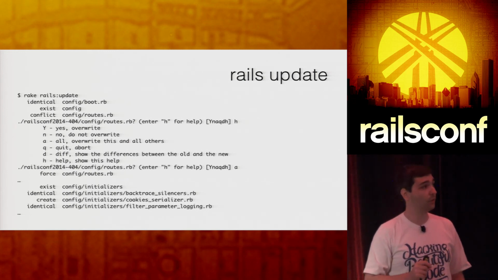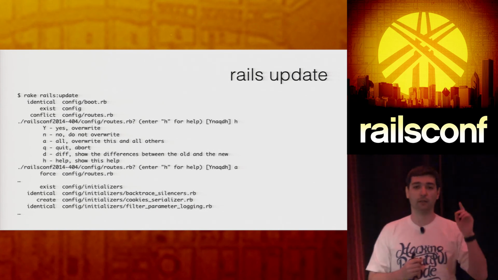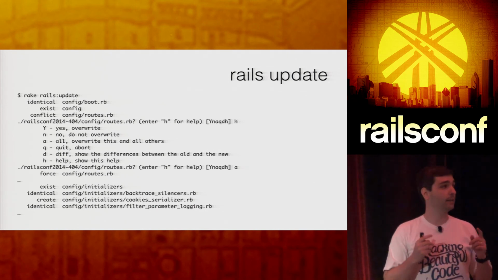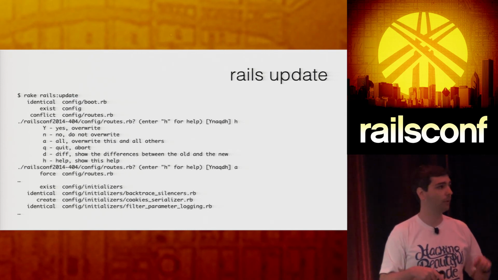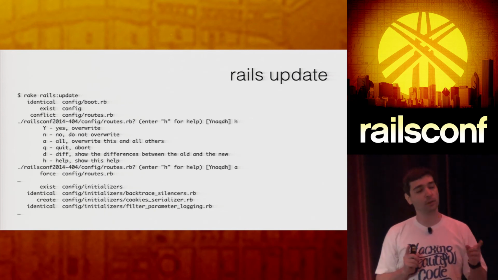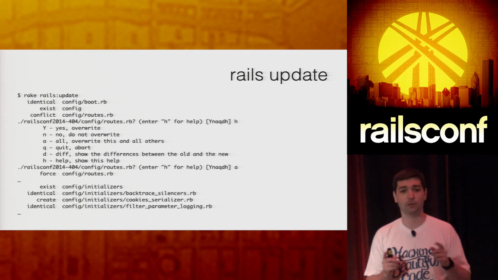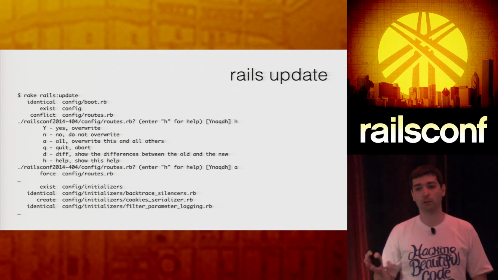And what this task is going to do is basically go over all the configuration files that are new in Rails and see if you have a similar configuration file there and ask you if you want to override it, if you want to see the difference between the two files and to see what changes so that you can update your own file manually, or if you just don't want to update anything.